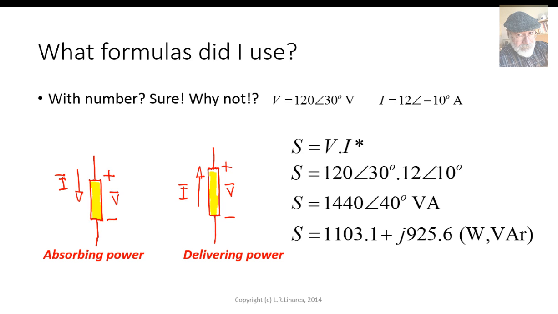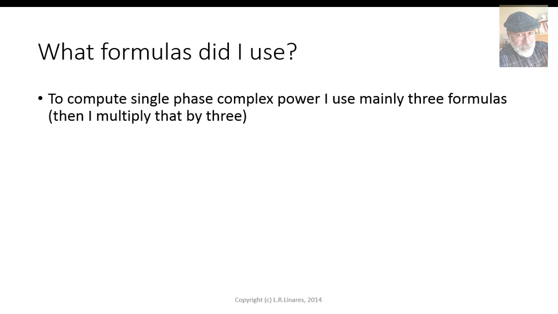Multiply them, and that gives us that the active power or average power absorbed by that load is 1.1 kilowatts, and the reactive power absorbed by that load is 0.9 kilovars. Well, of course, I'm assuming I'm computing the one on the left absorbing power. If I'm using the one on the right, then those would be delivered powers.